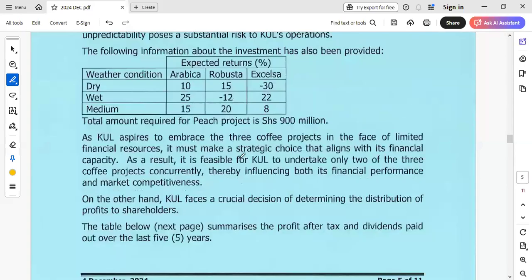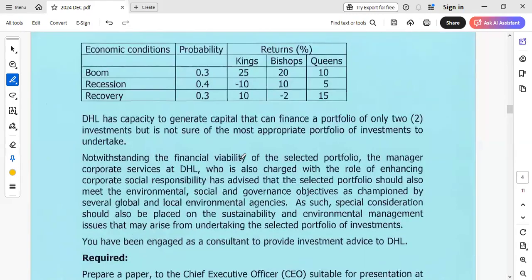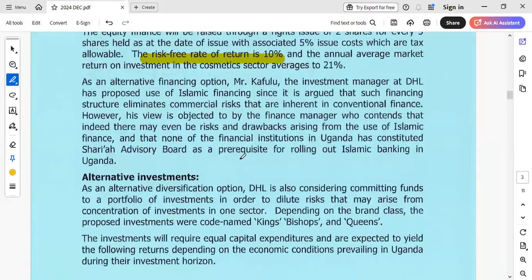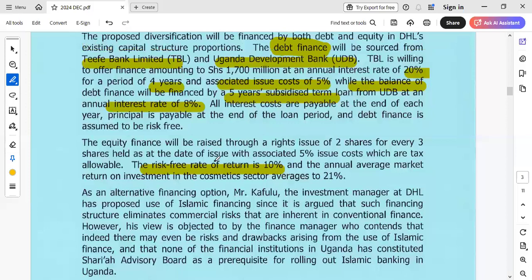As I said, this number can be asked in section B. They can ask this in section B, just as APV, as I'm going to refer you to some other past paper questions. We have issue cost on equity finance. So we can as well get that one.